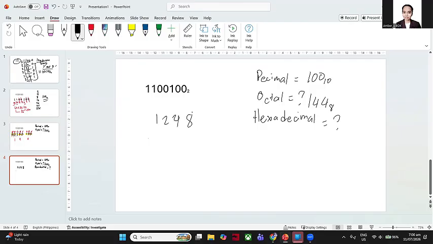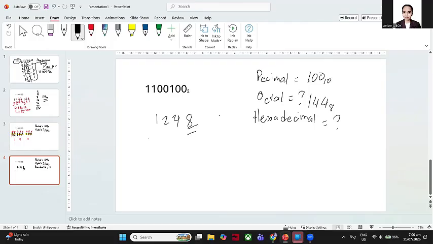That stops there because we don't include the 8 on the octal. We just have the 1 to 4. That's why we group by 3.